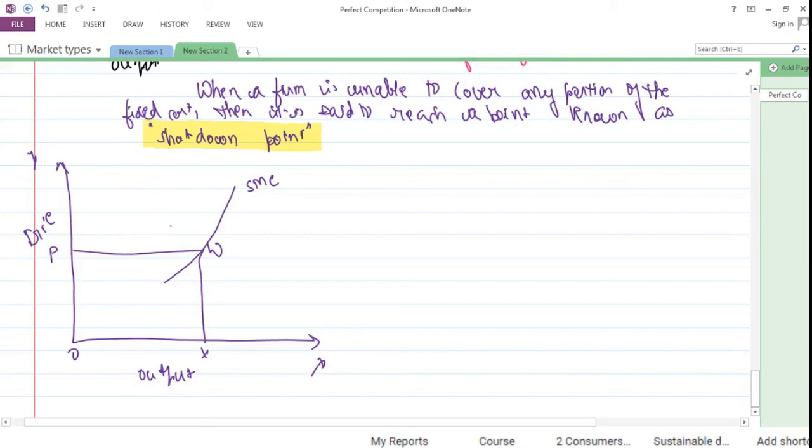Now at W, if I am able to cover my variable cost, let's do it once again.